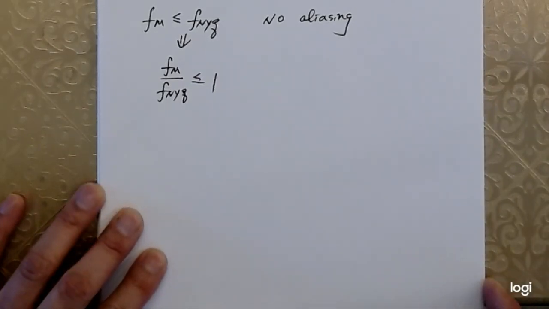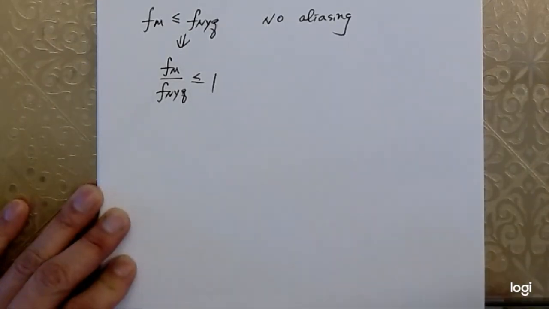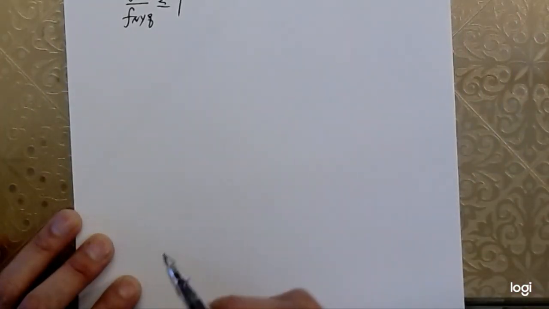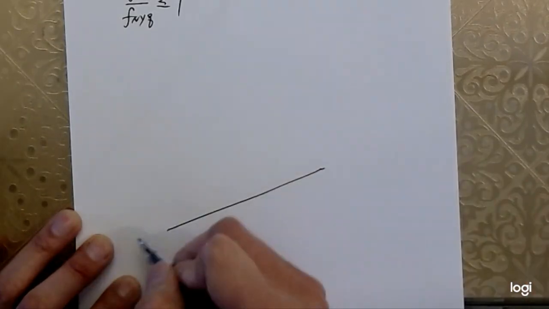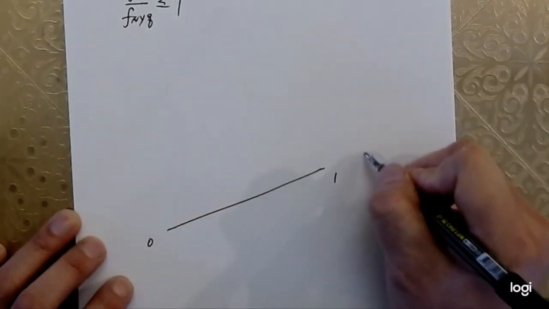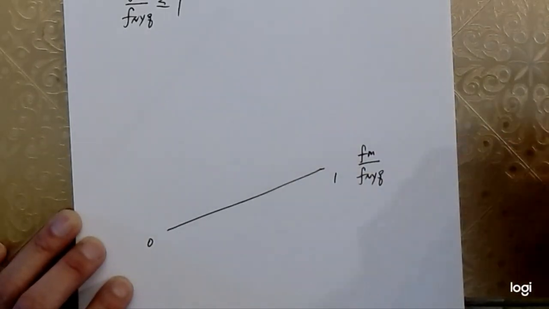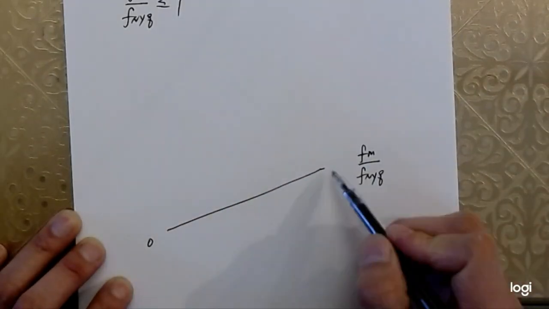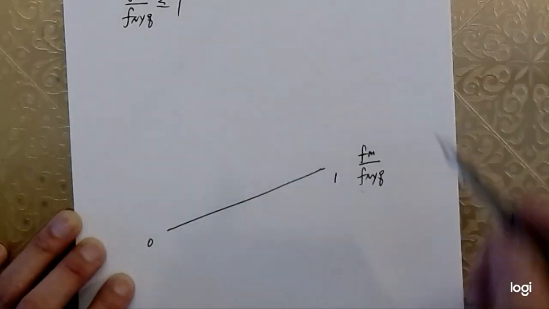Okay, so we make this ratio, and make a sawtooth plot ranging from 0 to 1. These values represent the ratio of signal frequency over Nyquist frequency. Between 0 and 1, there's no aliasing. So we call this folding.